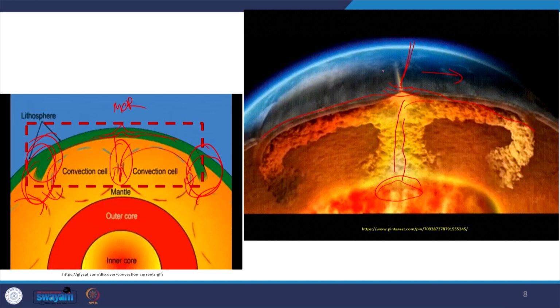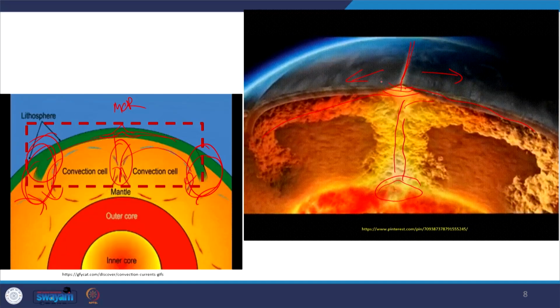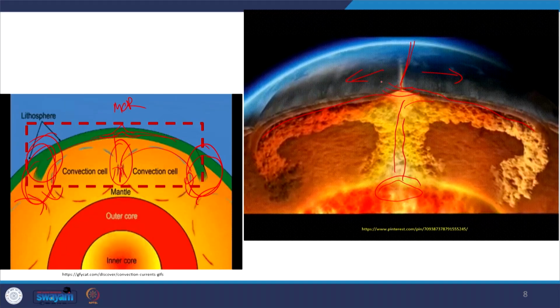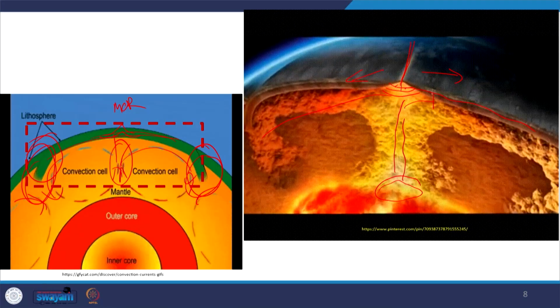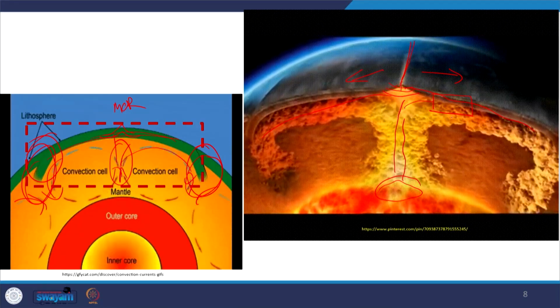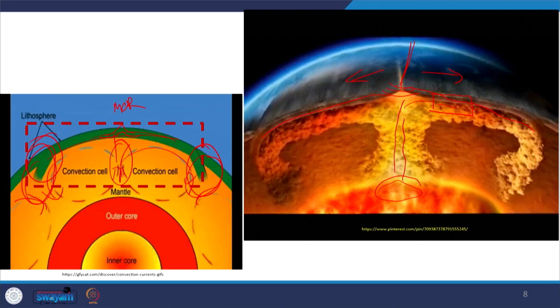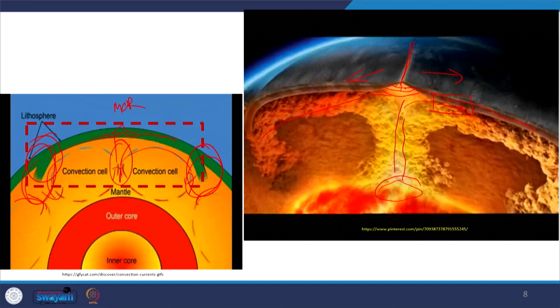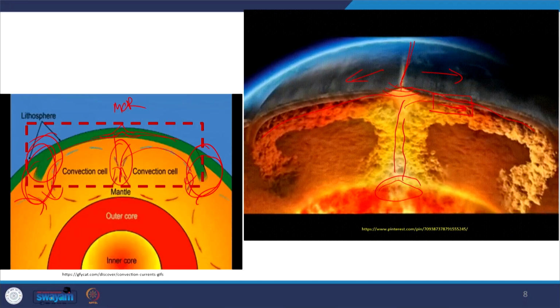So, two continental masses are moving away from each other, and if you see at the base of the lithosphere and the asthenosphere, this asthenospheric material is moving, and this is the lithospheric material.